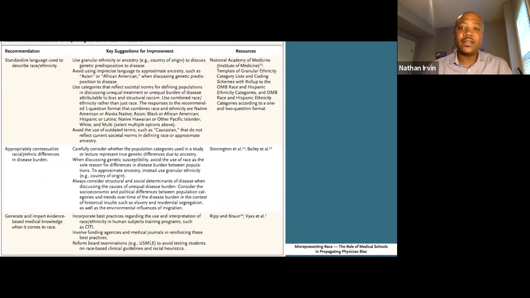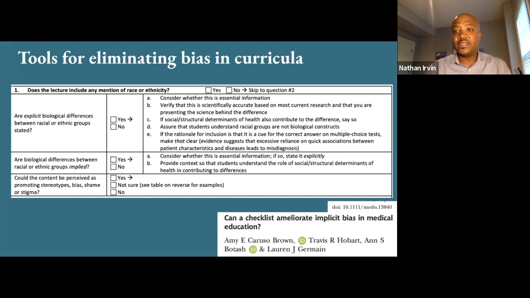This study highlights some things that all medical education needs to think about and address. They also highlighted some recommendations for things we can do to think concretely about how we can guide educators about appropriately framing these issues for their own learners. One potential tool that might be helpful is a checklist that was developed by some medical educators who were interested in how we can use checklists in the space of patient safety and quality, and adapted that to addressing anti-racism and bias.